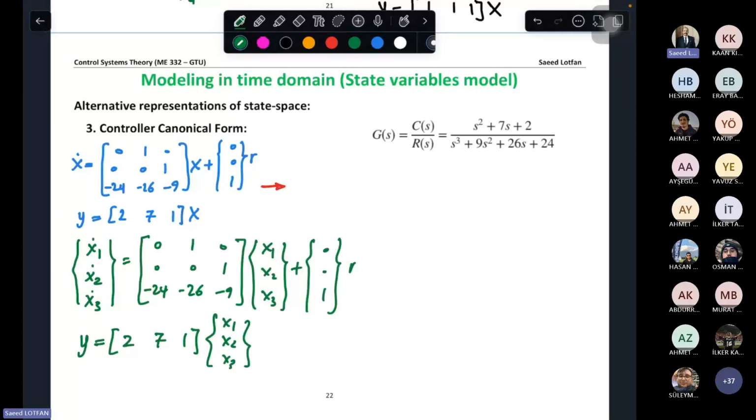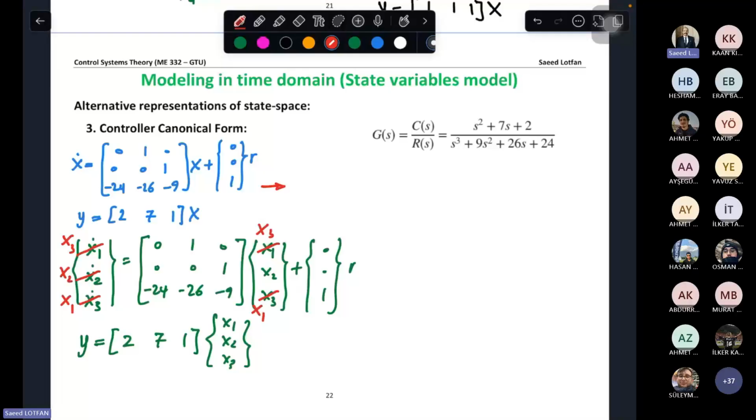The thing is, we have to write this form and then change the names to x3, x2, x1. It's like making the vectors vice versa, and this is x3, this is x1.